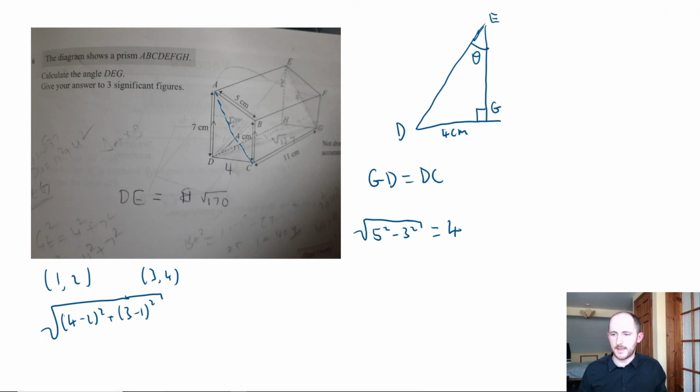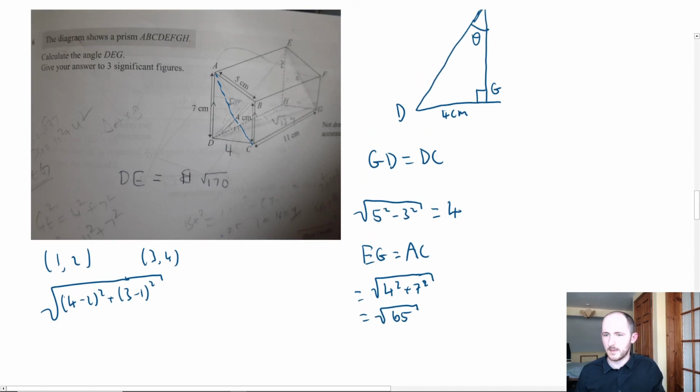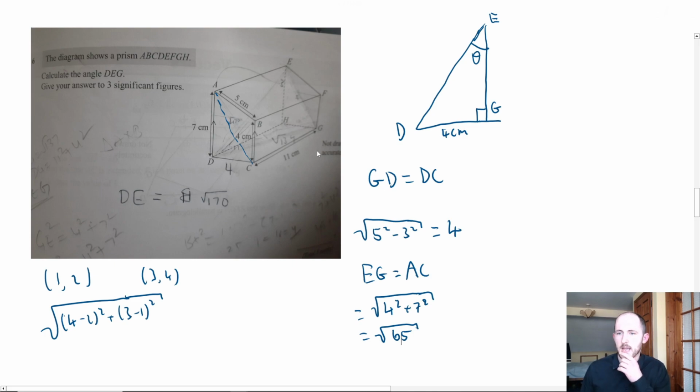So I'll write that out: EG equals AC. I can work that out because it's just Pythagoras. It's the square root of 4 squared plus 7 squared, which is 49 plus 16, square root 65, which I can't simplify just yet. And that is going to be EG over here.